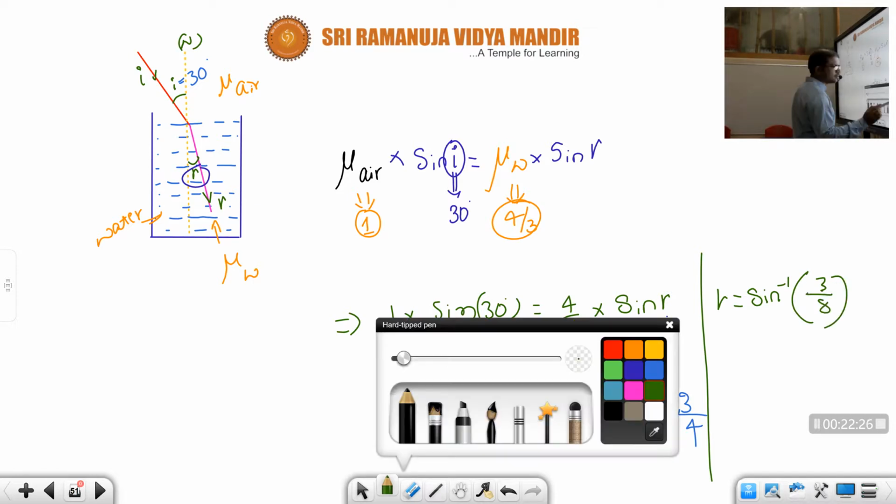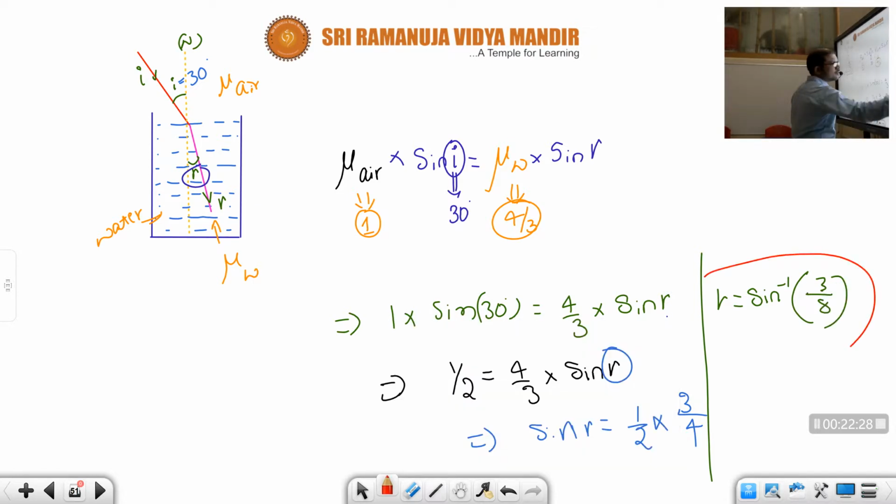Some random value we will get here. This is how we apply Snell's law and find the required angle.